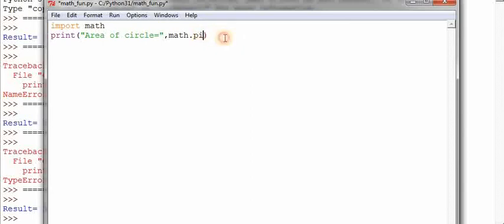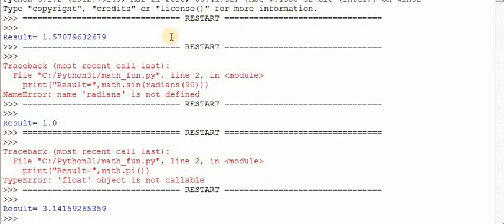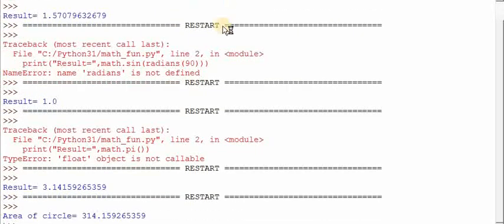So this is the value of pi, into r square. Suppose r is 10, r square. So what will be the result? You can check easily. The result will be area of circle equal to 3.14 and so on.